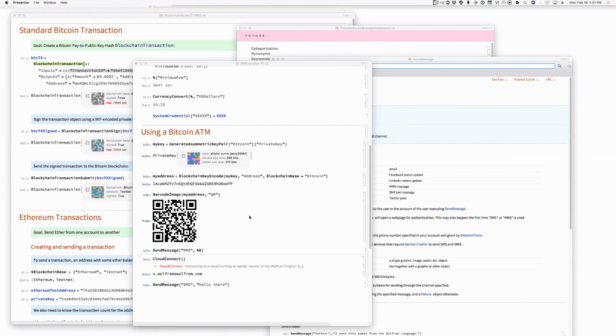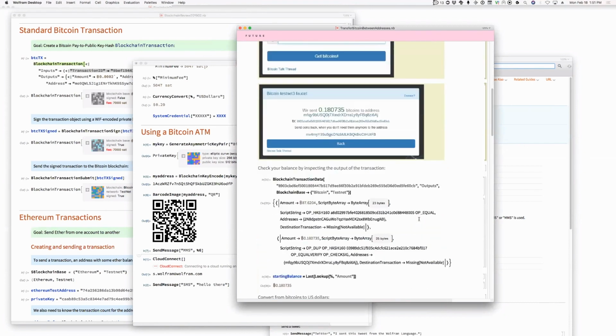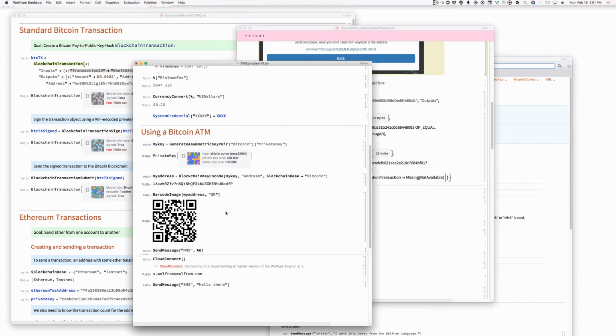What happens if I want it to... well, so this would be what I would do. If I want to pay somebody else, this rigmarole is what I have to go through to take what I put on the blockchain here, I could then pay to somebody else. But what if I want the ATM to give me back dollars?